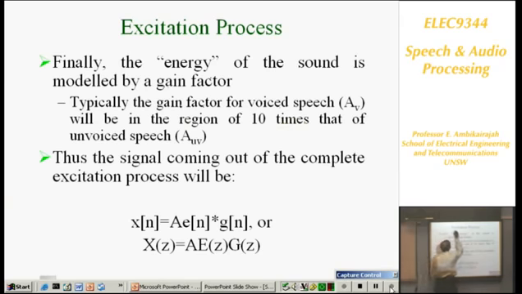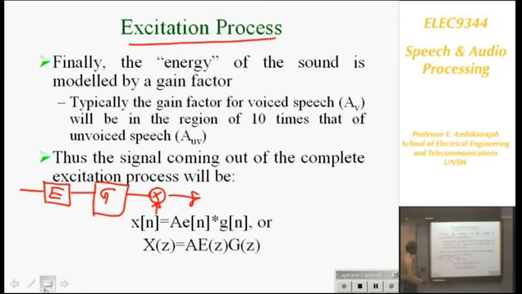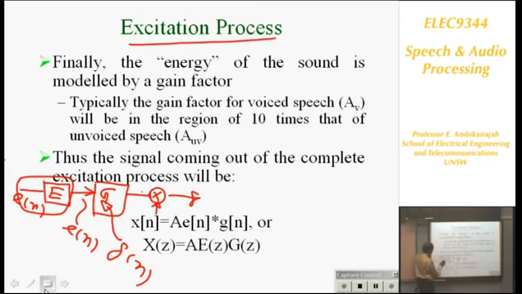Now, the excitation process: how does it work out? You could say I have got excitation here, followed by glottis, and then I have to multiply by a gain factor A. In time domain, if the input is e(n) and the impulse response is g(n), then what's coming out is e(n) convolved with g(n), multiplied by A. This is convolution.